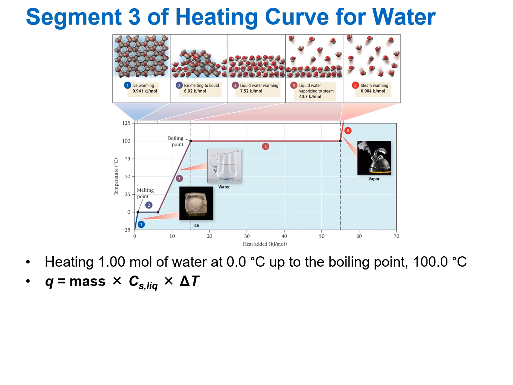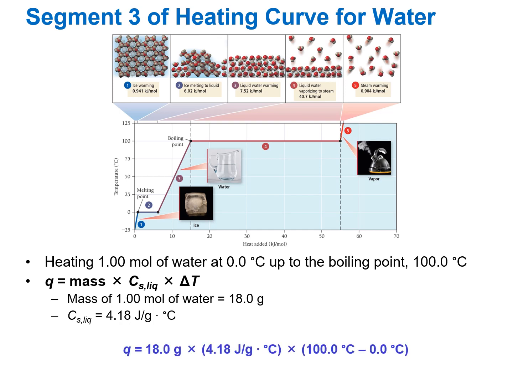Now we can use the specific heat of water, which comes in at about 4.184 joules per gram Celsius. We can plug these values into our equation and figure out how much heat is needed. This would come in at considerably more, 7.52 kilojoules of heat needed to go from 0 degrees Celsius to the boiling point for our 1 mole of water.